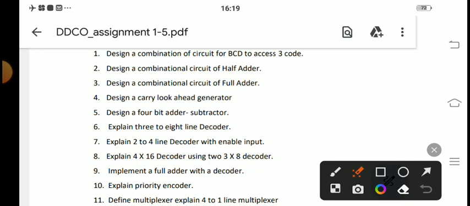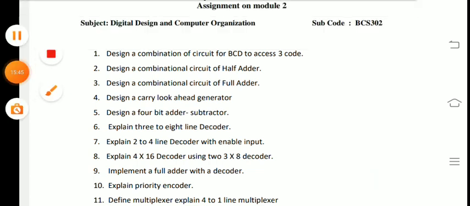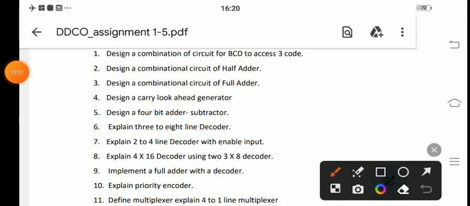Since the question paper pattern has not been released yet, we don't know how or where the lab experiments will be asked, but definitely it will be there. So please don't neglect that. You have to be ready with those problems also.